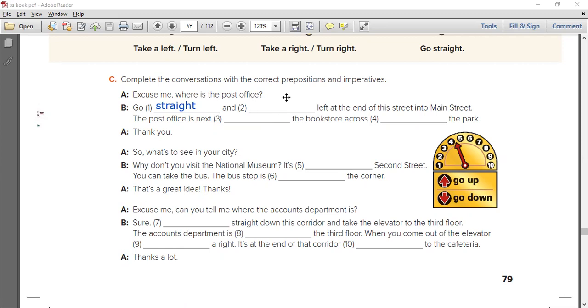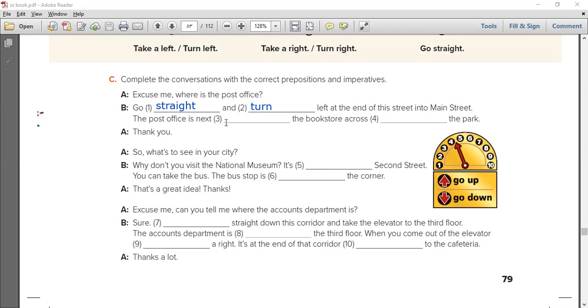Yeah, Rimaz. Say it again, please. Yes, turn left. Thank you. Turn left at the end of this street into Main Street. The post office is next.